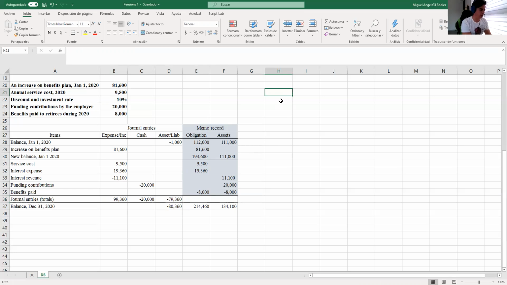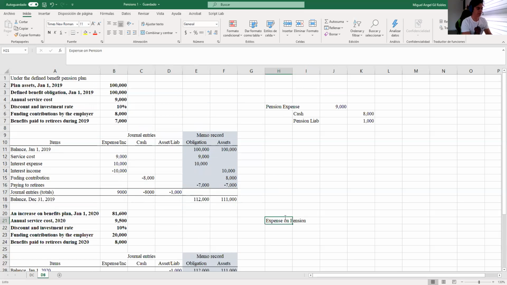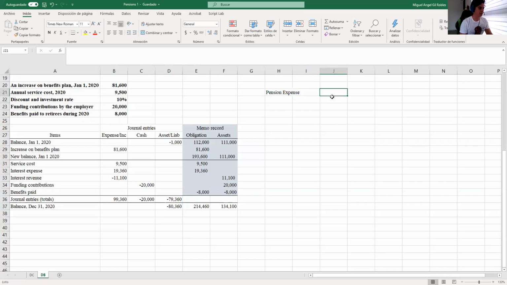So now to finish all of this, let me do the journal entry. So it will be pension expense of this number, 99,360. Then cash, it will be 20,000.